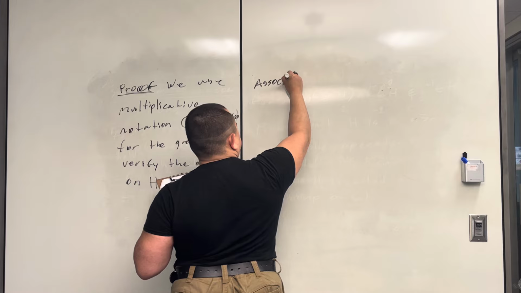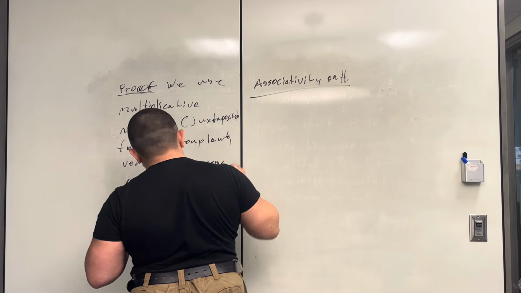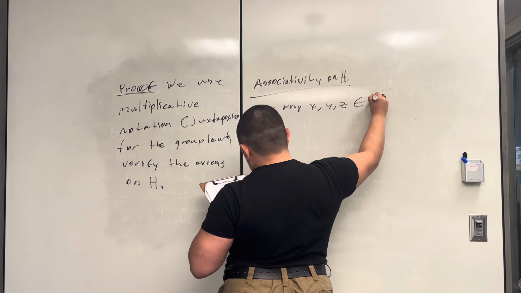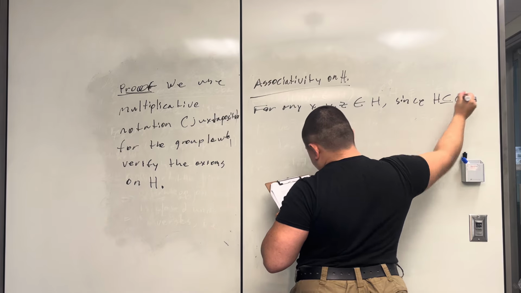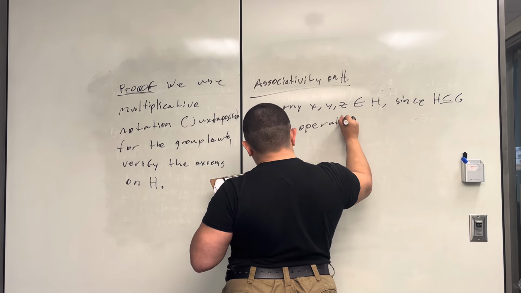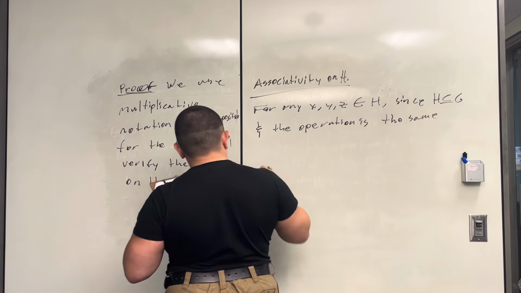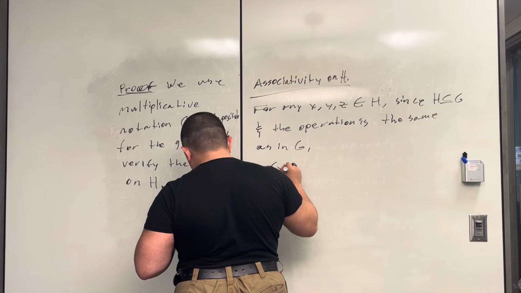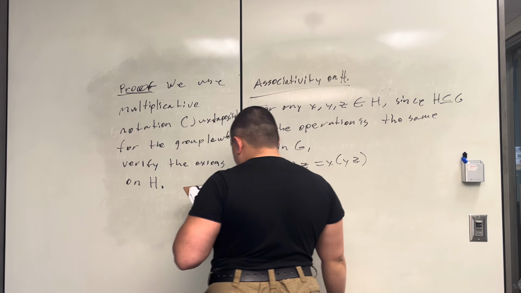Associativity on H: for any x, y, z within H, since H is a subset of G and the operation is the same as in G, we have that (xy)z is equal to x(yz) in G.